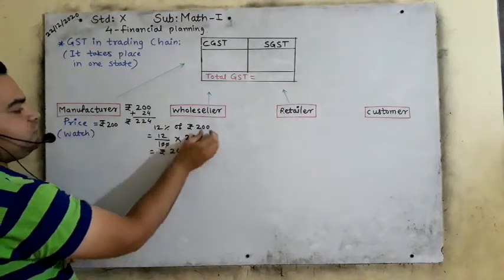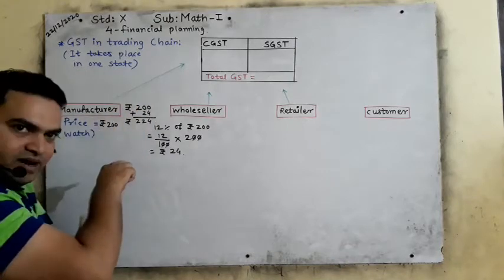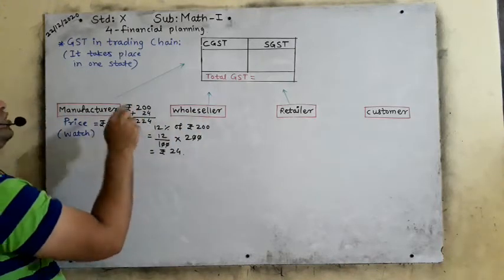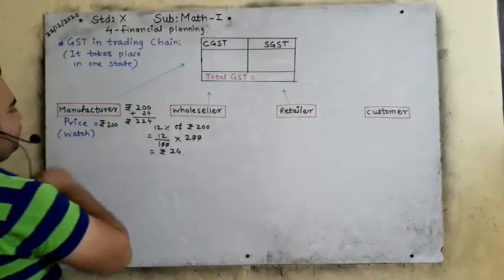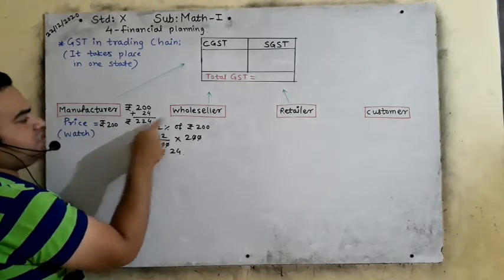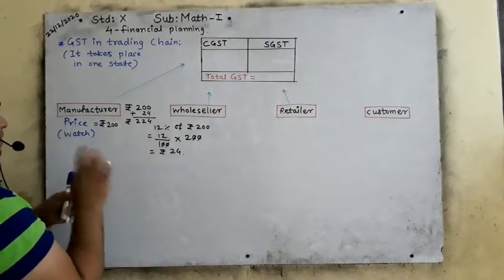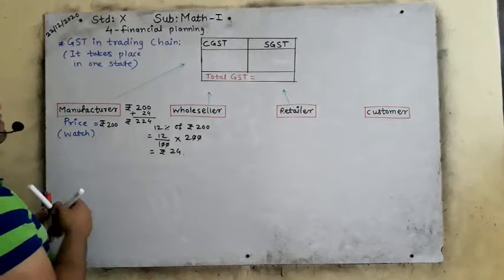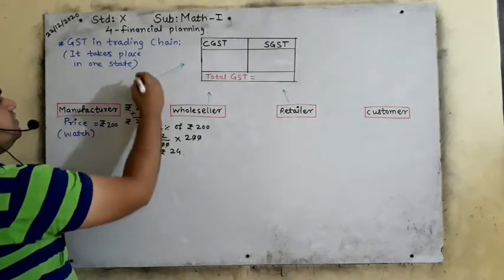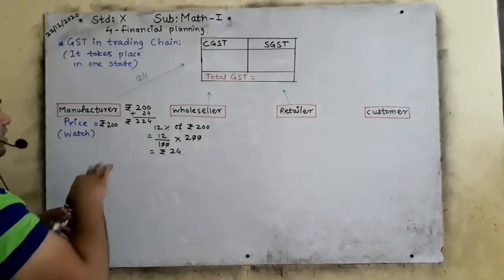So 12% of 200 rupees is 24 rupees. So 200 rupees taxable amount plus the wholesaler will pay 24 rupees GST to the manufacturer. Then the manufacturer will receive 224 rupees from the wholesaler. That 24 rupees GST the manufacturer will pay to the government.